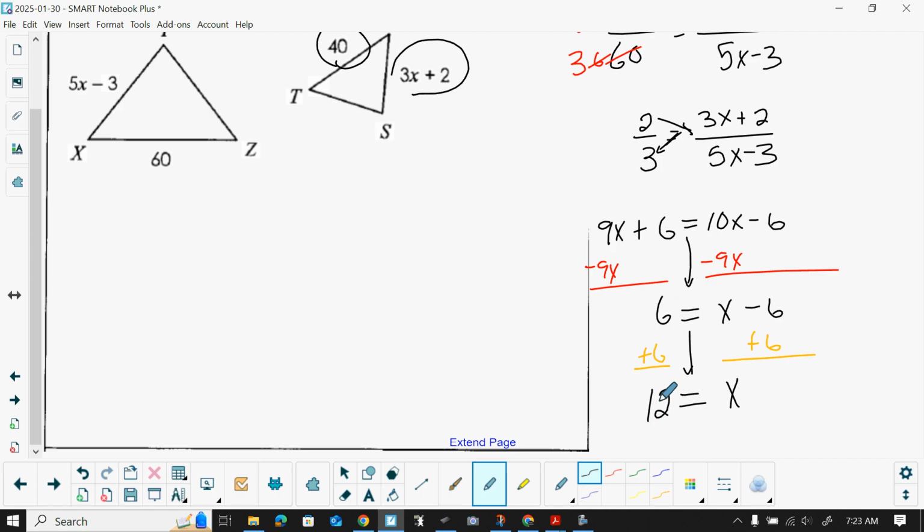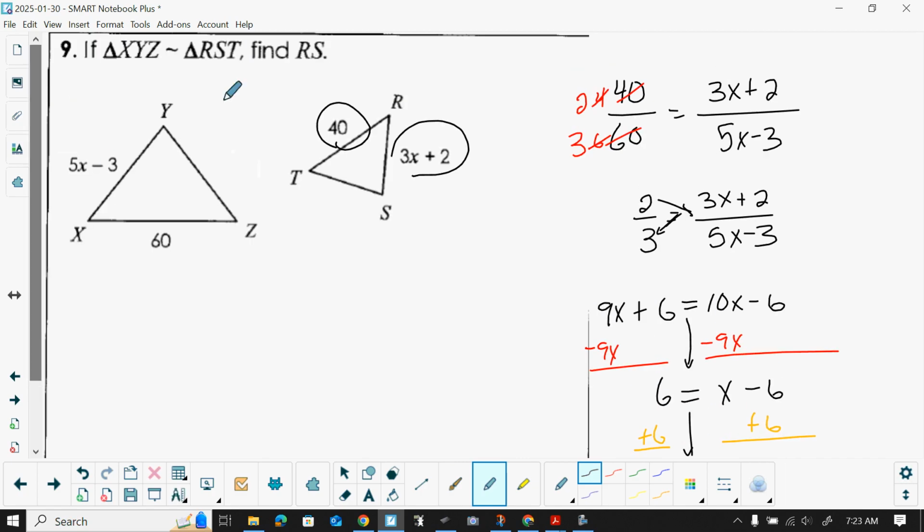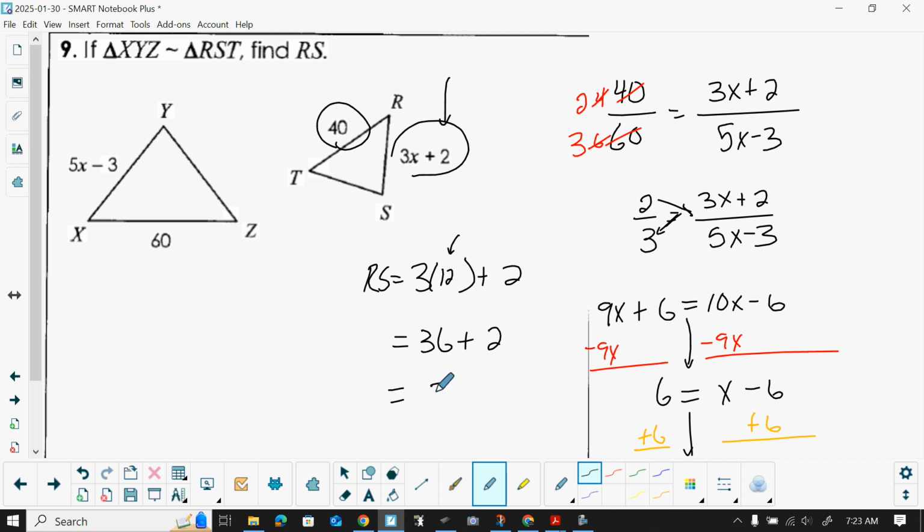But that's not my final answer because the question asked for RS. RS is this one right here. And I know my x is 12, so to find RS, I say 3x plus 2. That's what RS is. So RS is 3 times 12 is 36, which means 38 for RS.